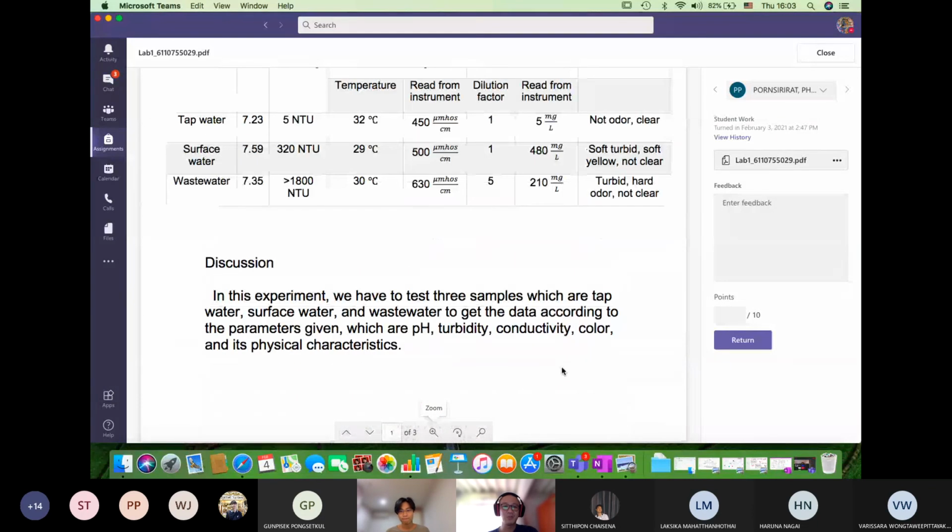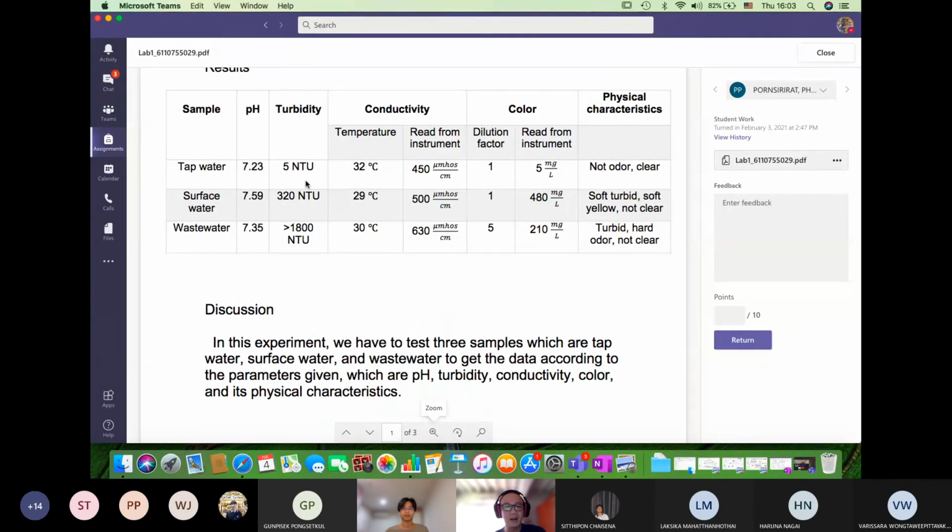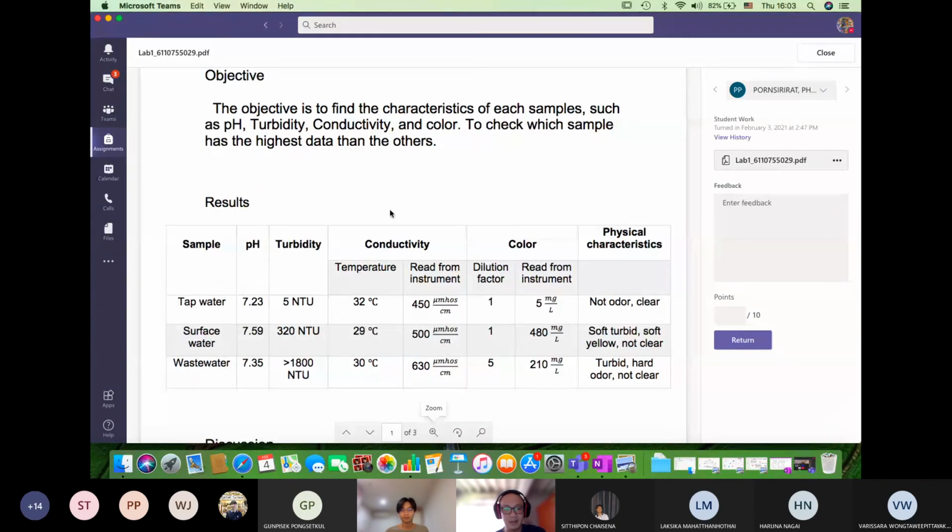Okay, so you compare among these samples only. But if you compare among these 3 samples, you cannot compare the tap water with the surface water. You cannot compare a wastewater with the tap water. And if you say the wastewater contains color 250, and this one is higher than the color of the tap water, you cannot compare in this way because they are different types of sample.